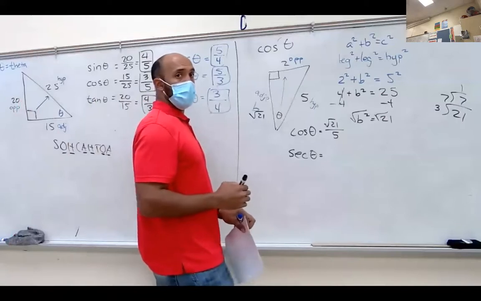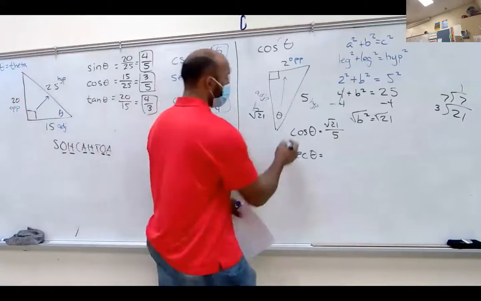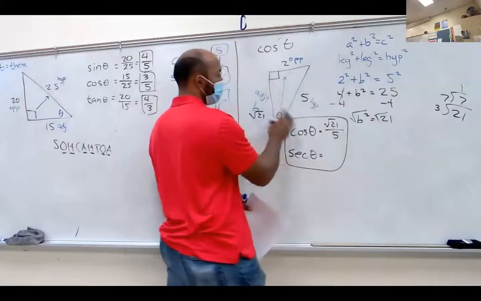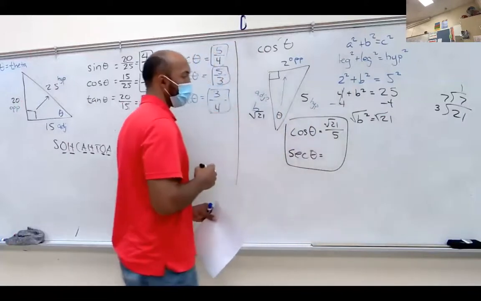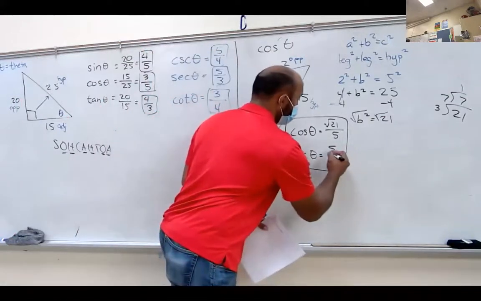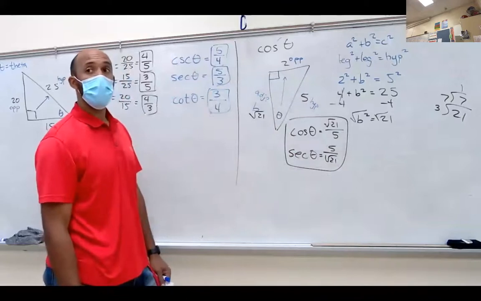You're asking for secant? Yeah, so here we're down here now, right? We found B, we found that missing side. So there's the ratio. You flip it. Okay, so there's your secant.